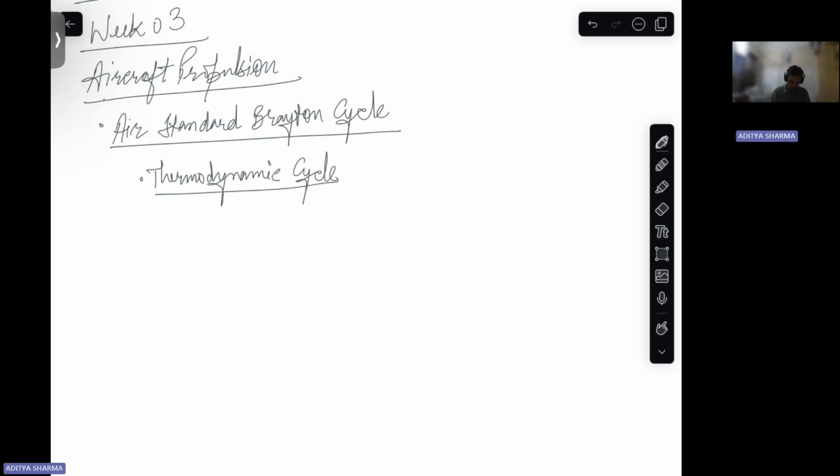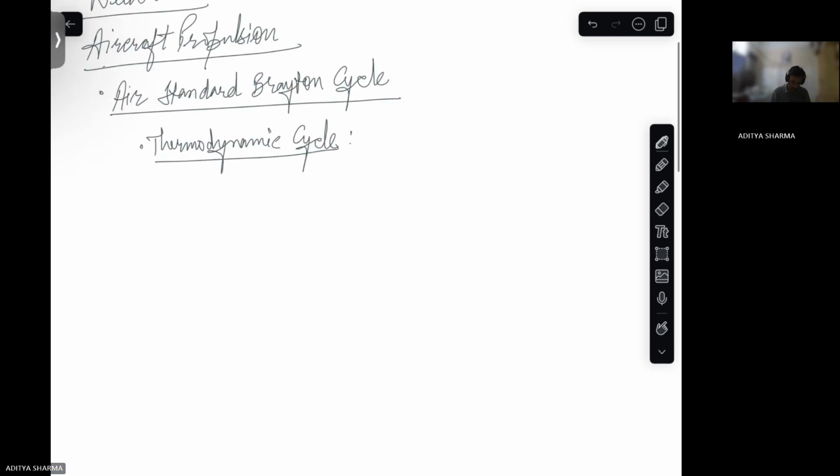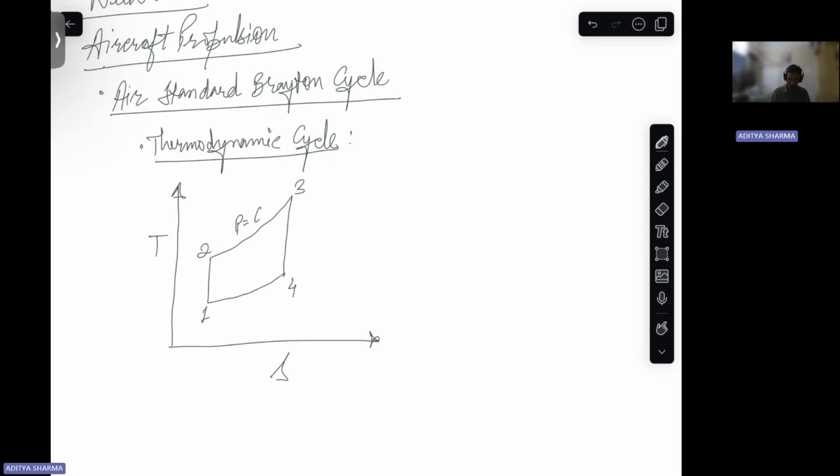In terms of thermodynamics, if you draw various diagrams related to your ideal Brayton cycle, it will be like this. The pressure is constant here, entropy is constant, pressure is constant, and entropy is constant.